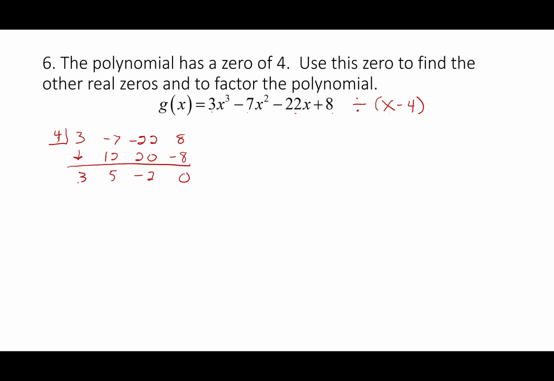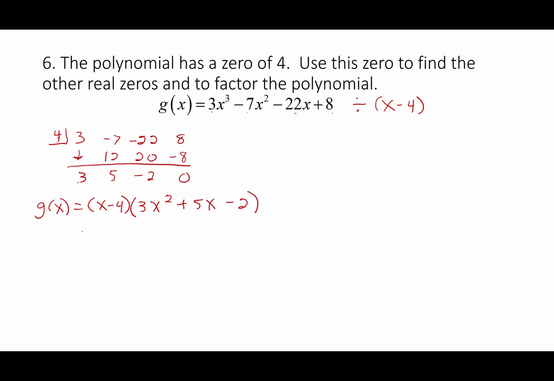We've just now not only found that x equals 4 is a 0, or verified that, we've also factored polynomial g of x into x minus 4 times 3, I dropped the degree by 1, to give me 3x squared plus 5x minus 2.